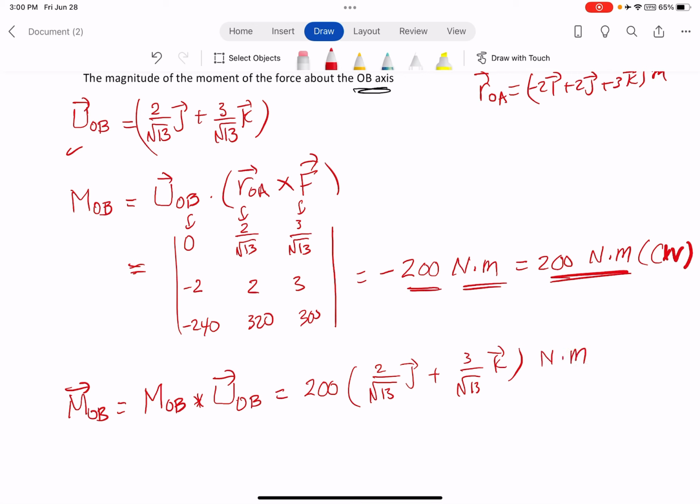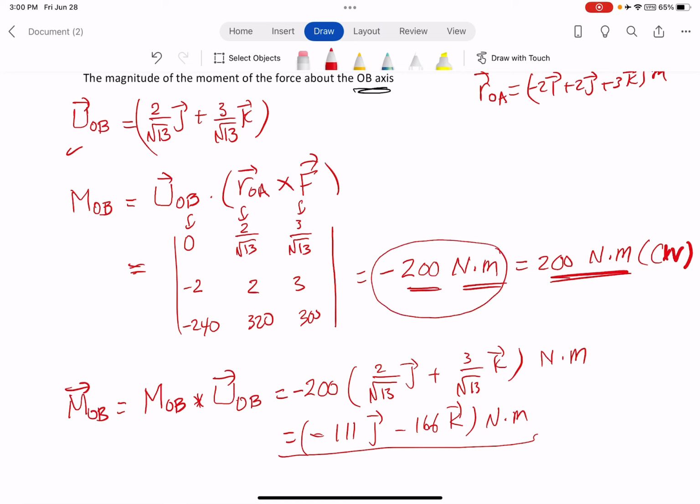And we should put them negative because this is the actual value, and now we're going to have minus 111 j minus 200 times 3, this is minus 166 k Newton meter.